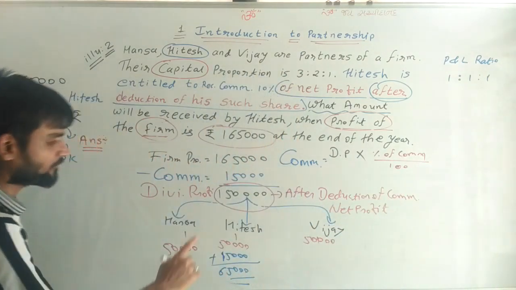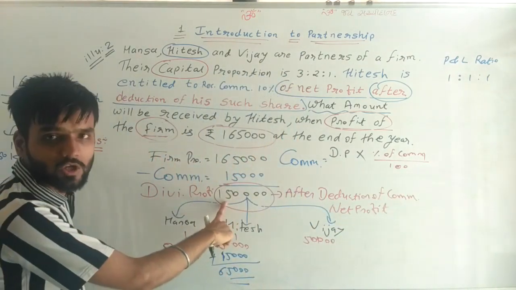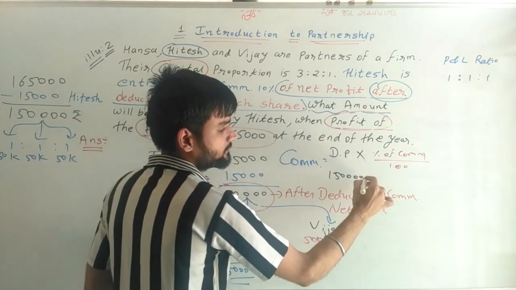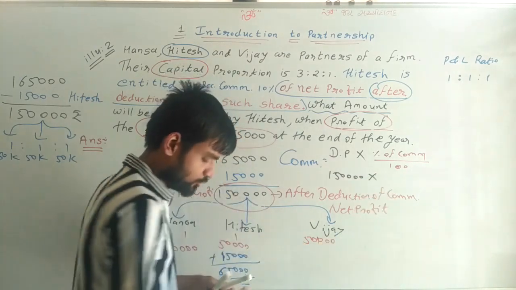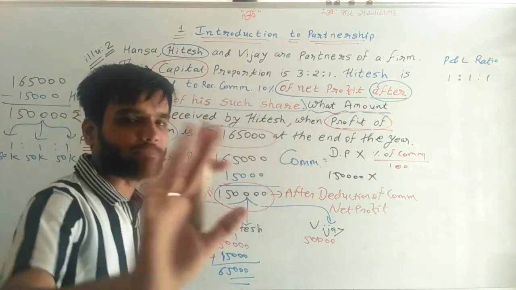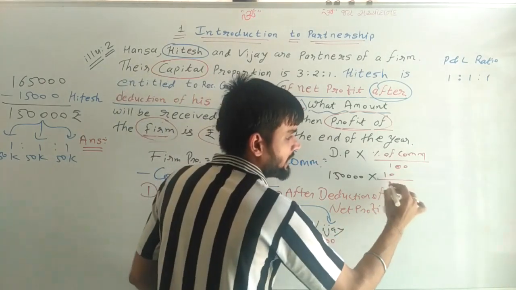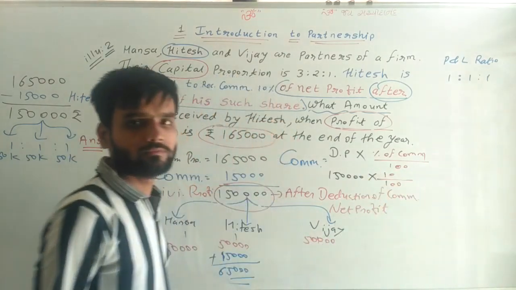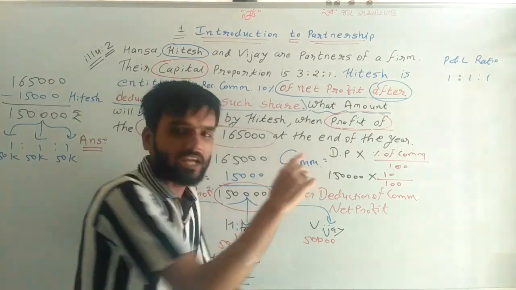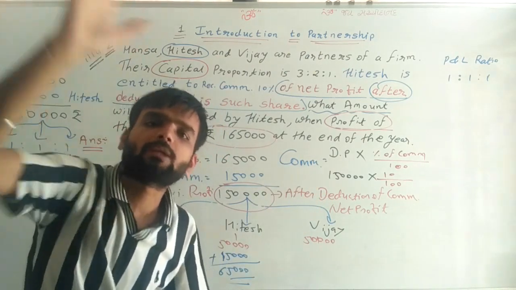Now what is the divisible profit? Divisible profit is 1,50,000. So 1,50,000 is my divisible profit, into, sir, percentage of commission. Commission is 10%. So into 10 divided by 100. Or directly you can calculate in the calculator: 1,50,000 into 10%.